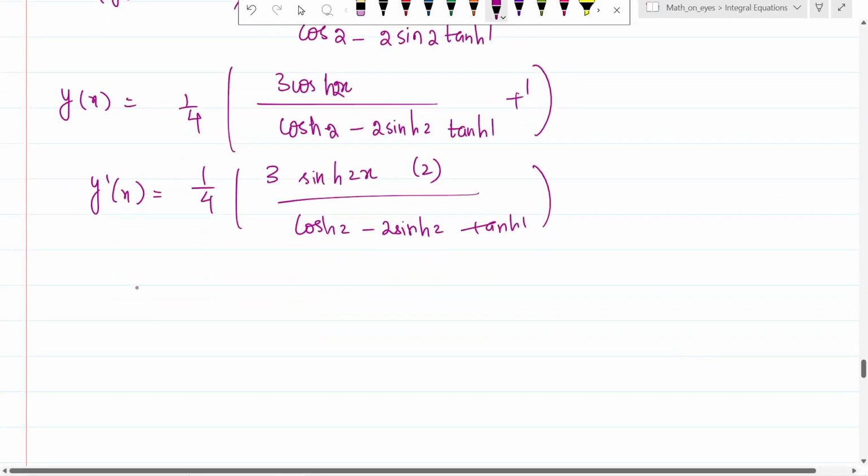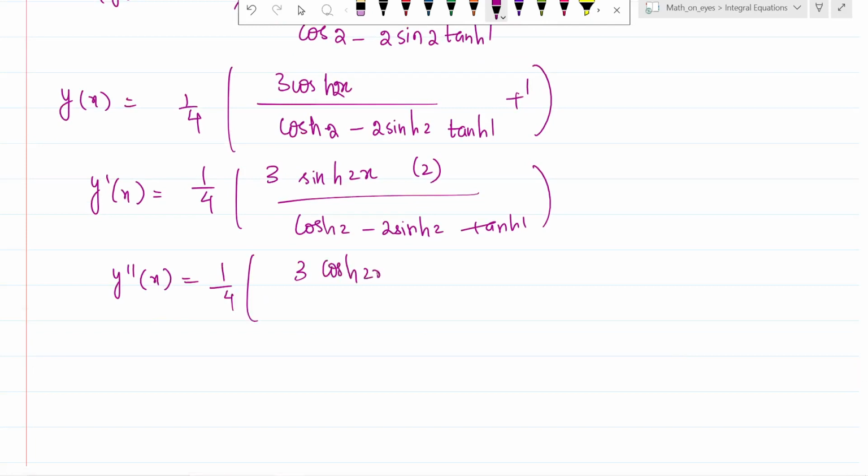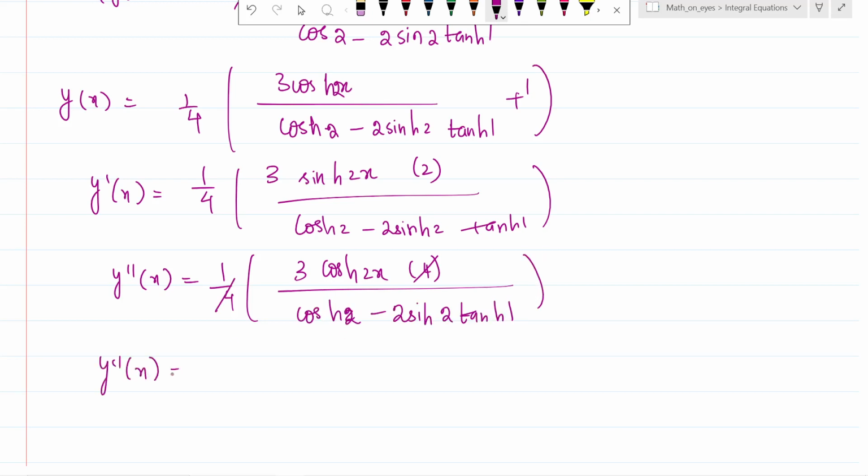Y double dash of x is equal to 1 by 4 3 cos h2x, and this is 2 into 2, which will give you 4, and this 4 and 4 cancel each other. Divided by cos h2 minus 2 sin h2 tan h1. Yes, y double dash of x is actually equal to 4 times y of x.